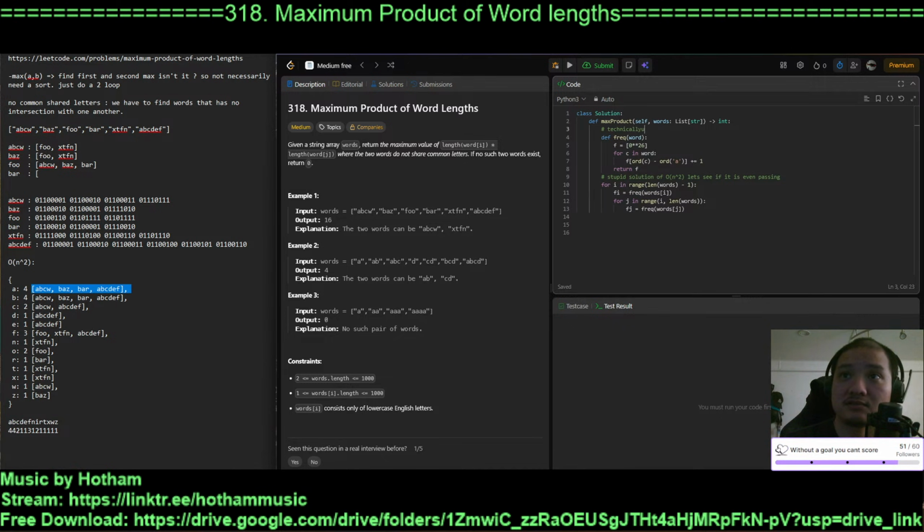Technically, instead of an array, we can store them in an integer, right?